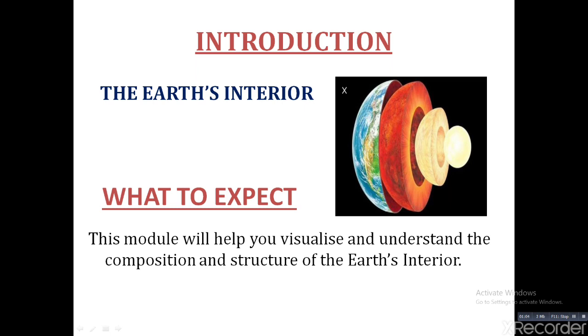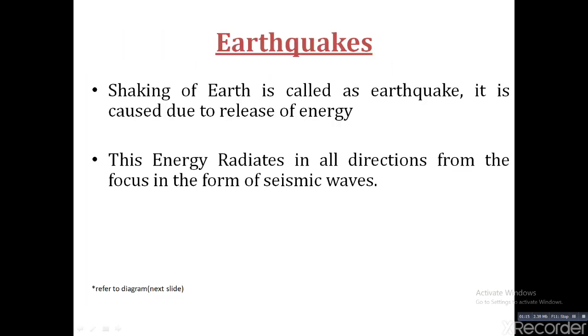In order to know the interior of the earth, the endogenetic forces are the true evidence of the structure of the earth. There are two types of evidence: direct evidence and indirect evidence.